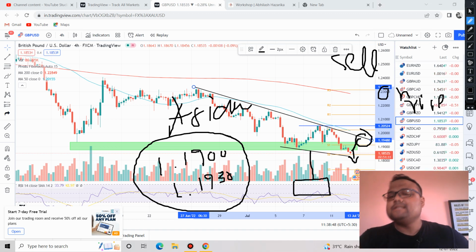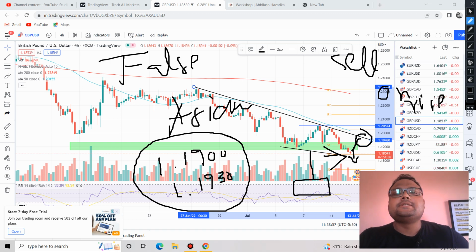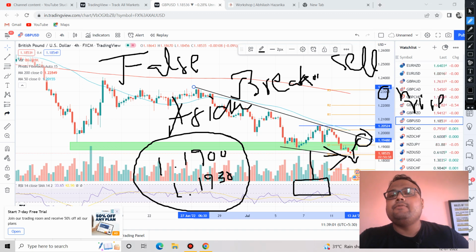Otherwise, if you do not find selling volume here, you can avoid taking any sell position, because after all, false breakout is also a bitter reality of the market. You must save yourself from false breakouts as well.